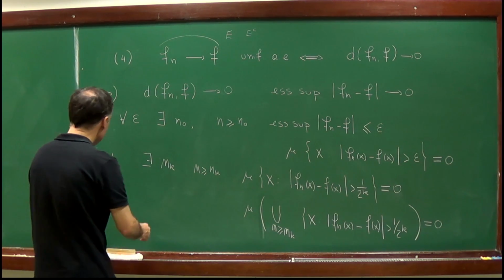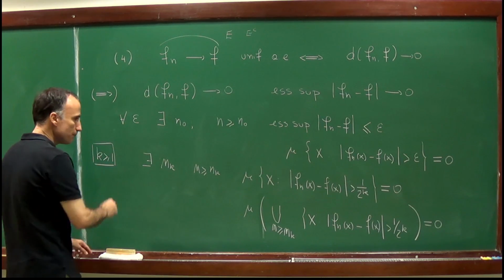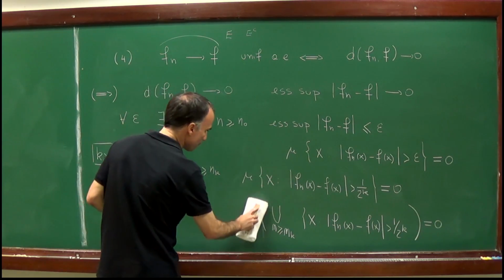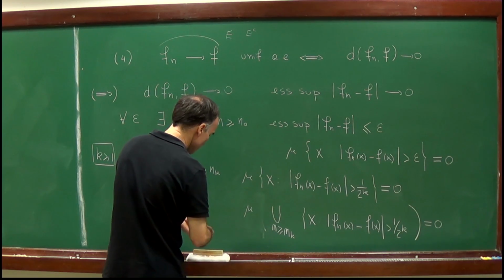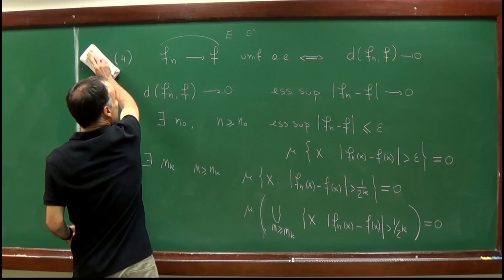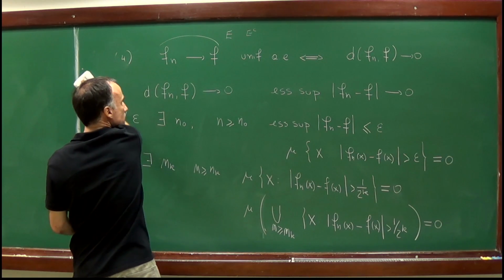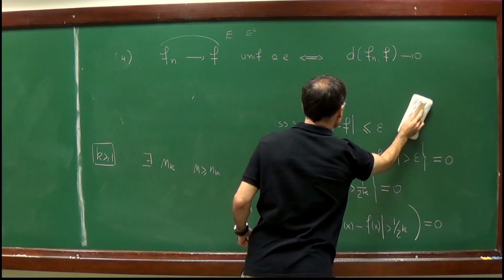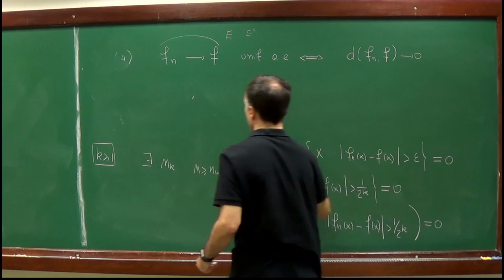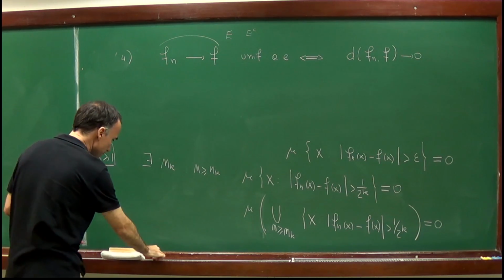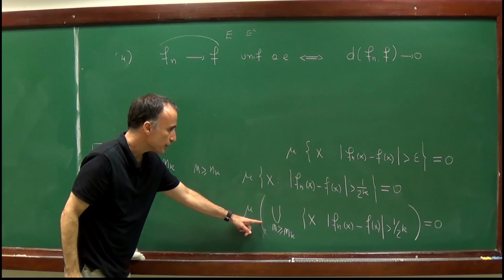Since this holds for all k, let me erase these two lines, and let me take the union over all k here.